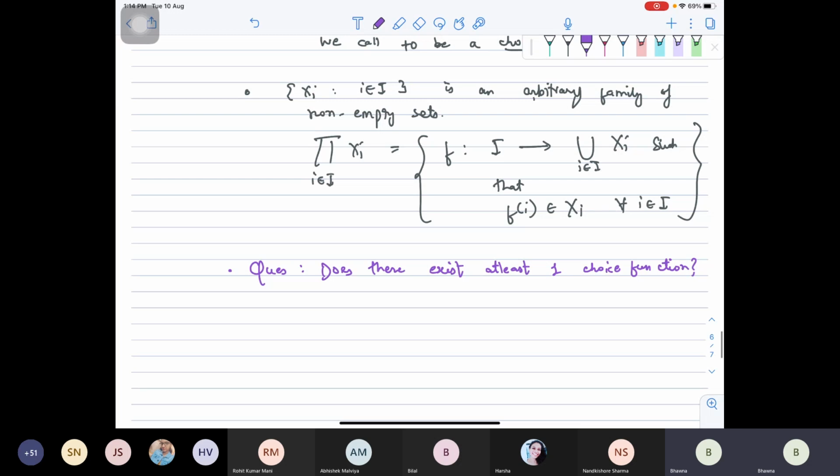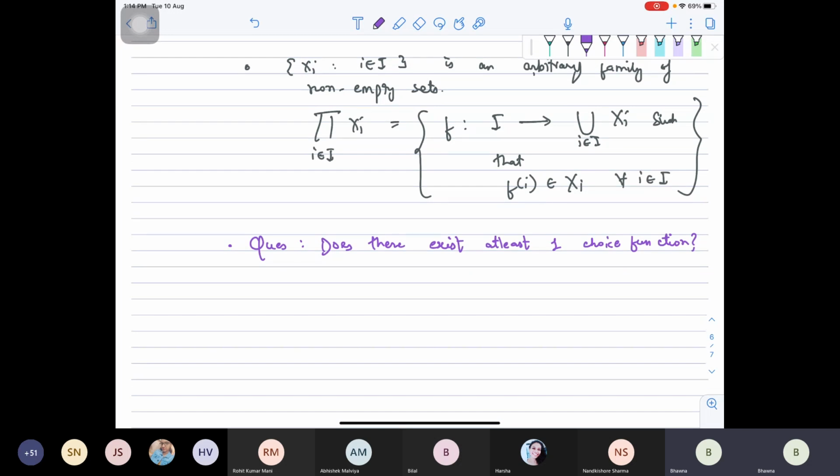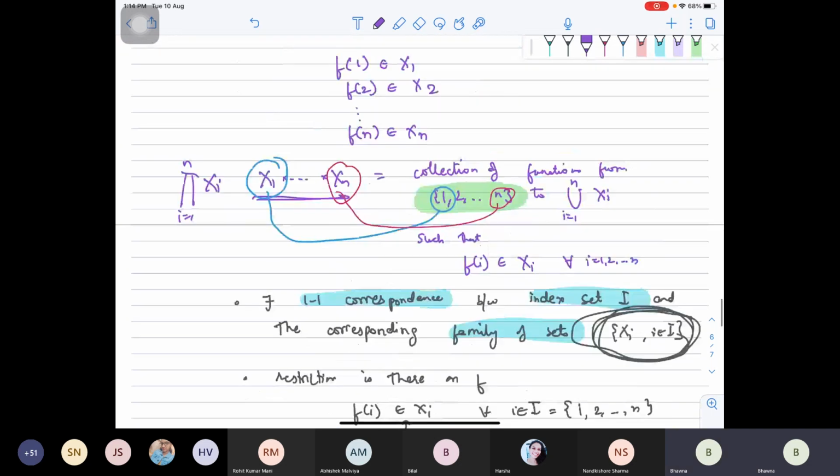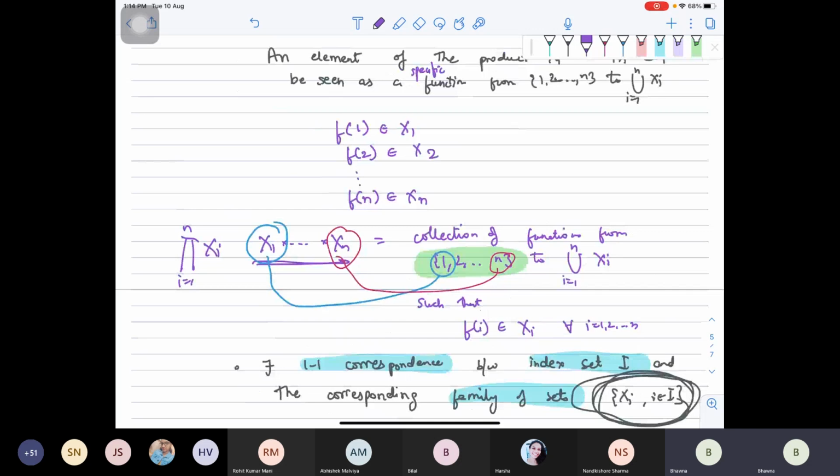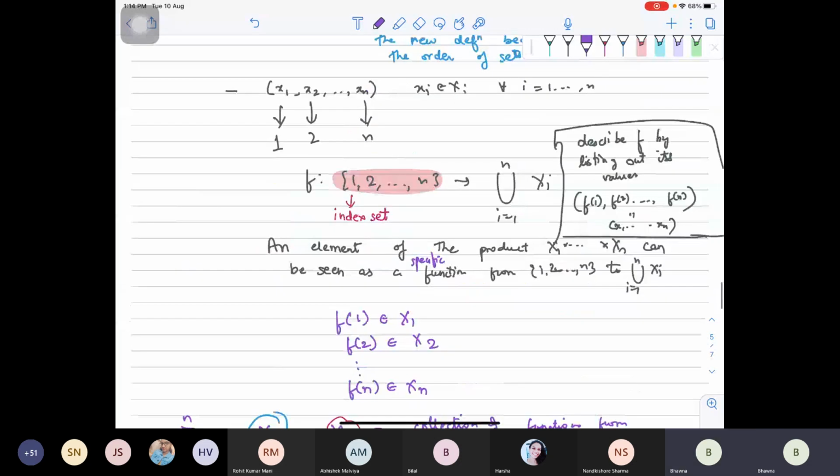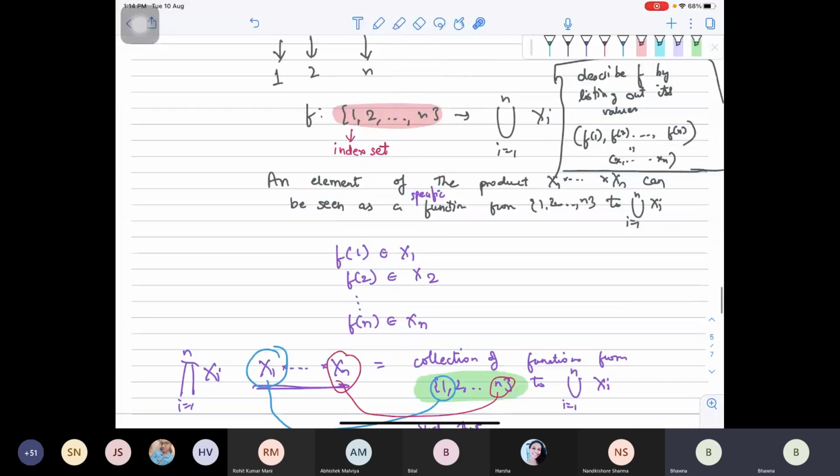Now you will argue that if everything is non-empty, we can just keep picking elements from each Xi, just like in our finite case. If all the Xi's are non-empty, I can always say that one choice function exists. Just pick one element from each Xi.